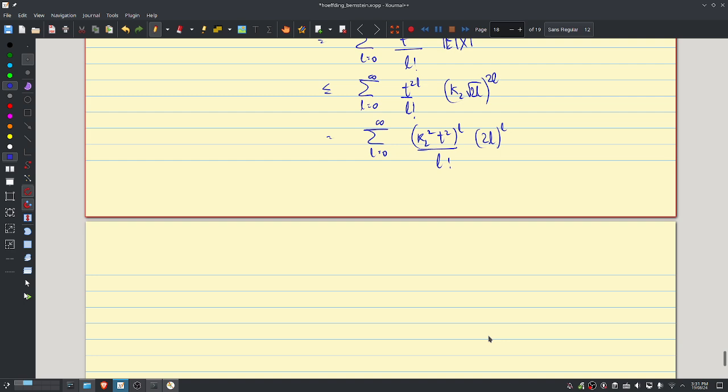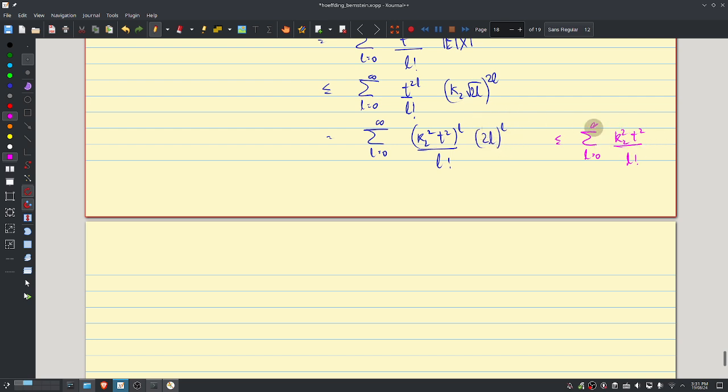Right? Now, what do I want to show? I somehow want to show that this is less than or equal to summation L equal to 0 to infinity K2 square t square by the L factorial. If I could show this, then I'd be done. But I can't really do that because I have this 2L whole to the power L sitting.